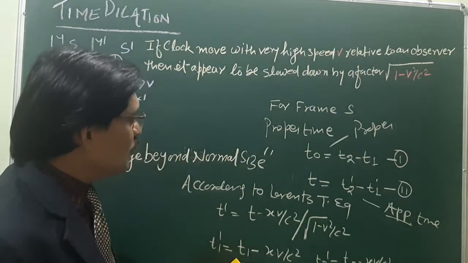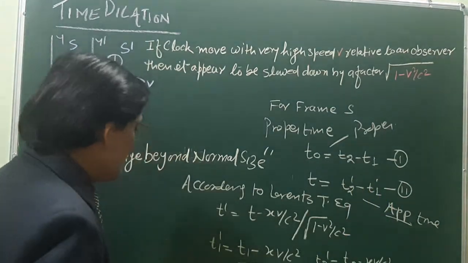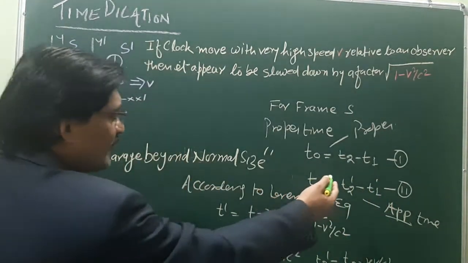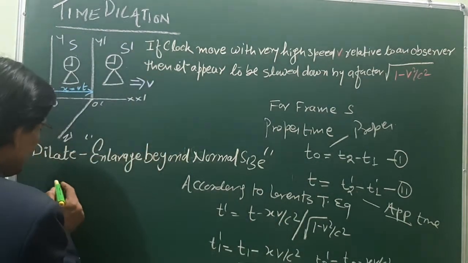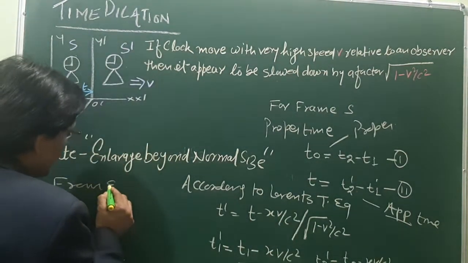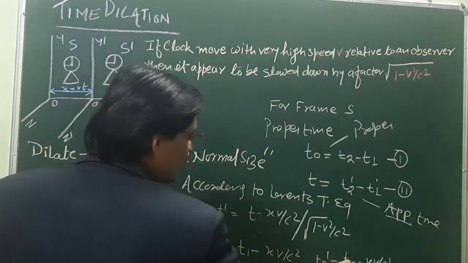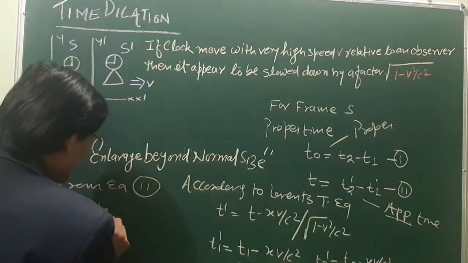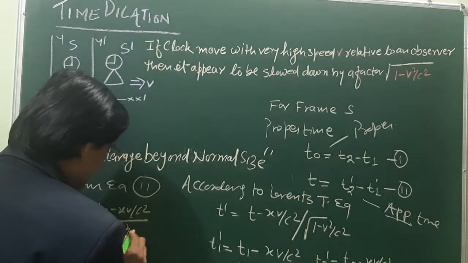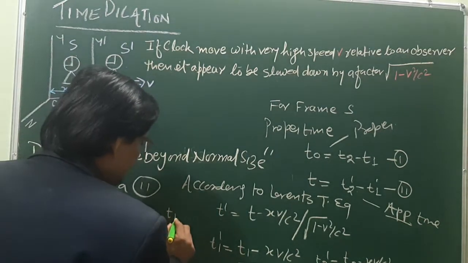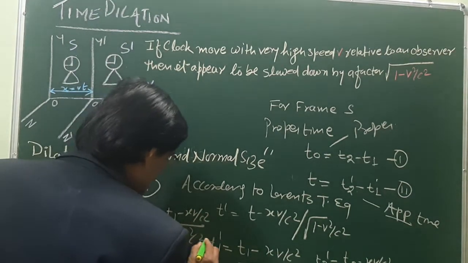So substitute the values of t1 dash and t2 dash in equation number second. So t is equal to the t2 dash value, which is t2 minus xv upon c square over under root 1 minus v square upon c square, minus t1 minus xv upon c square over under root 1 minus v square upon c square.